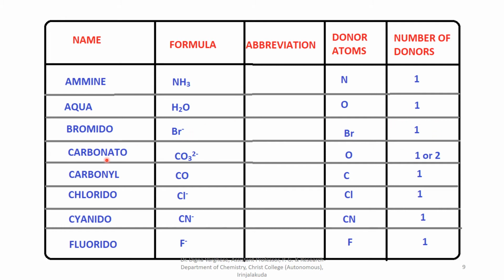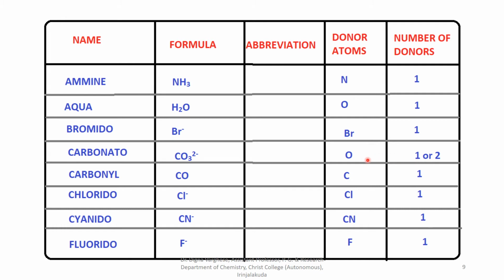Another one is carbonato. CO3 2 minus is its formula, and oxygen is its donor atom. Here we can see both carbon and oxygen are present, but oxygen is the potential donor. Sometimes it binds to the metal with one donor site, that means one oxygen atom coordinated to the metal atom.